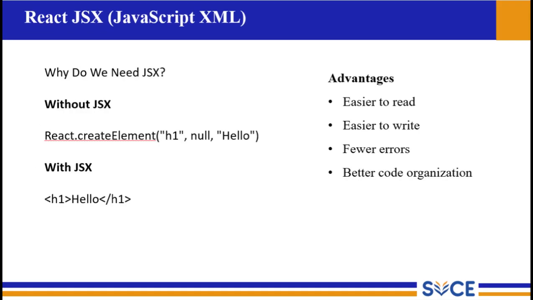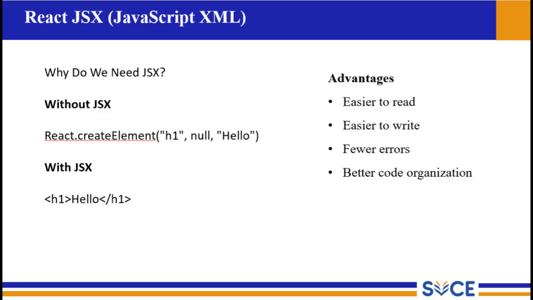Before JSX existed, React developers used a function called React.createElement to build every element on the web page. Suppose we wanted to create a heading. Instead of writing a simple HTML tag, developers had to call the React.createElement function, specify the HTML tag, define its properties, and provide its content.